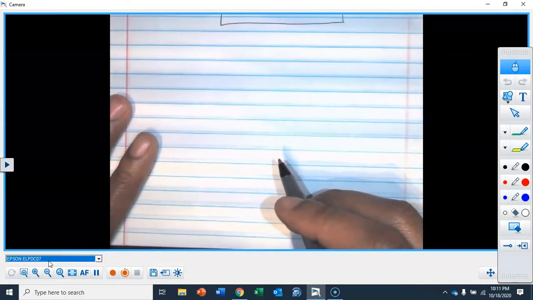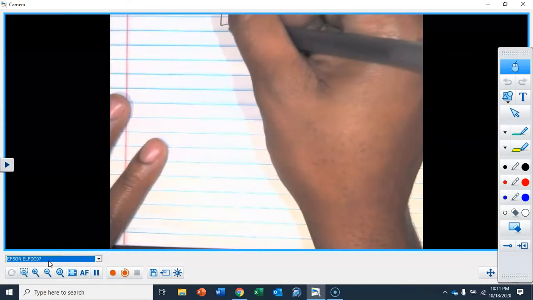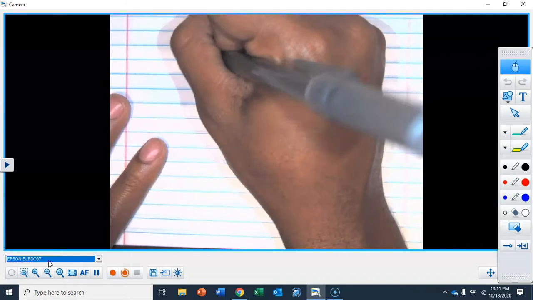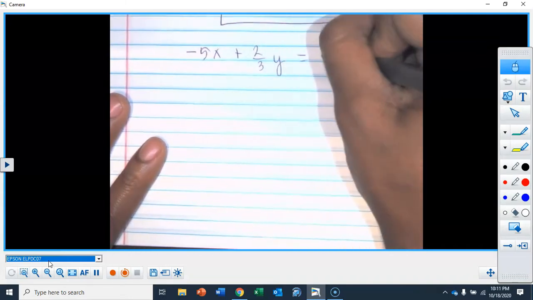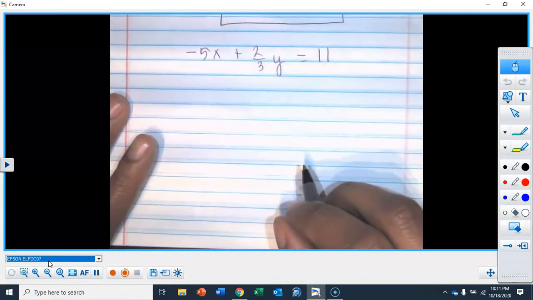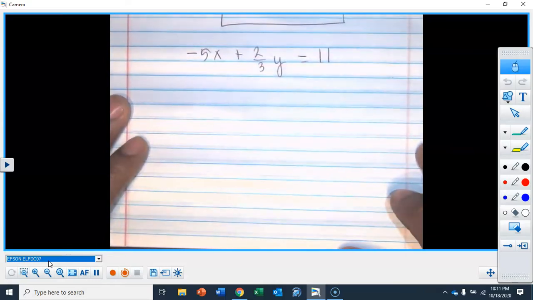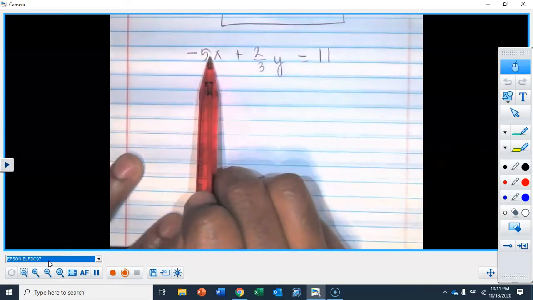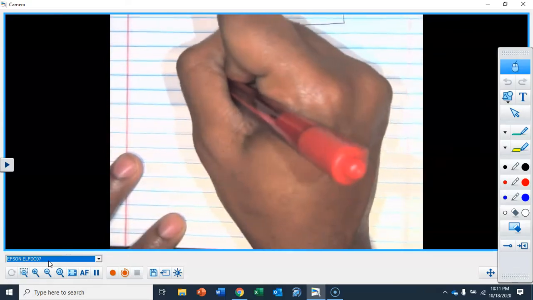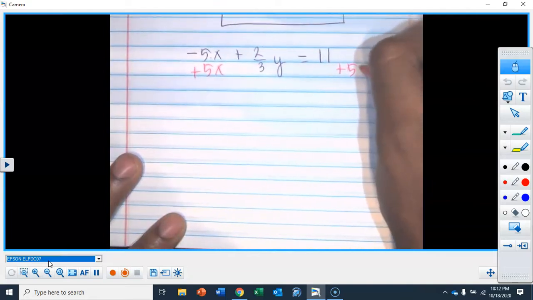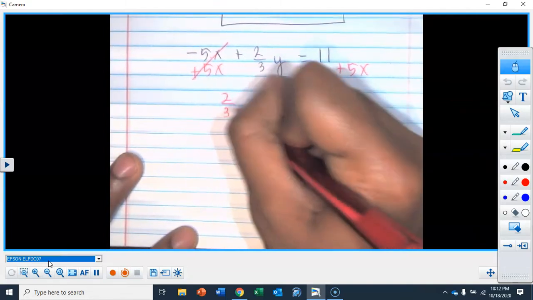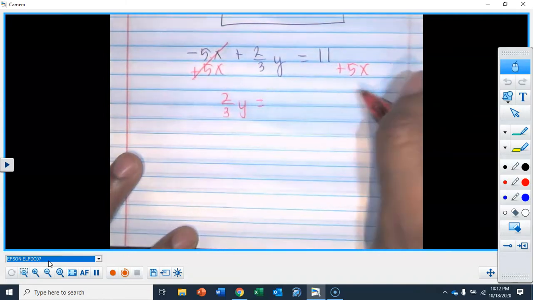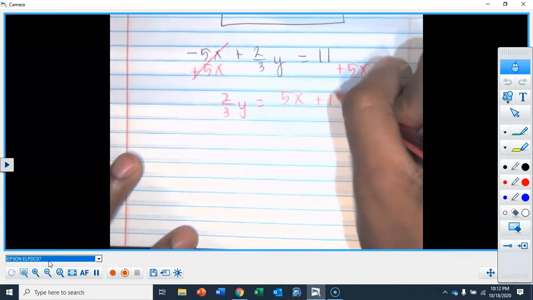So what if I have, I don't know, negative 5x plus 2/3 y is equal to 11. Same thing. Change the sign, move the x term to that side, plus 5x, plus 5x. So now you have 2/3 y is equal to 5x plus 11.